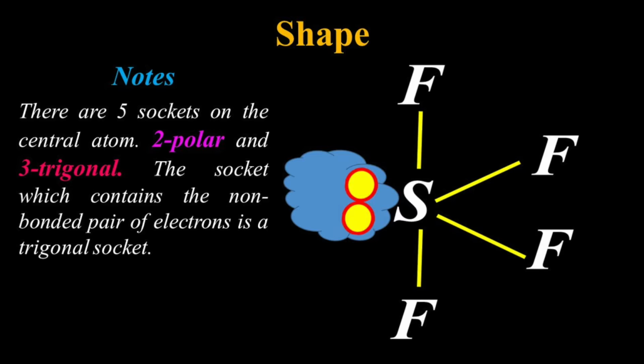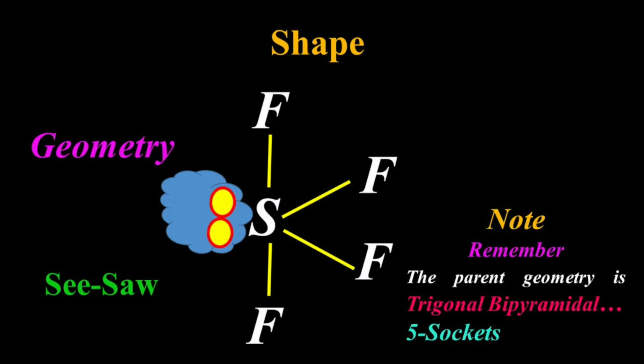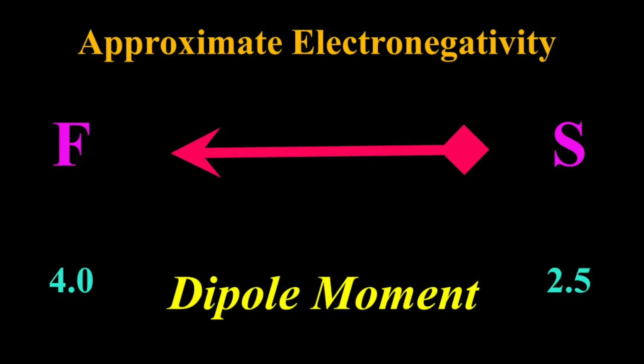Now you want to look up on your sheet. You have 5 sockets, 4 bonded and 1 non-bonded pair. And you'll find that that's going to be seesaw. Remember, the parent geometry is trigonal bipyramidal, 5 sockets. So now we want to look at the dipoles.